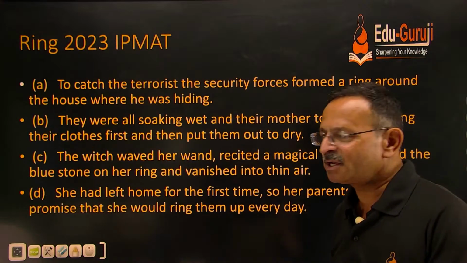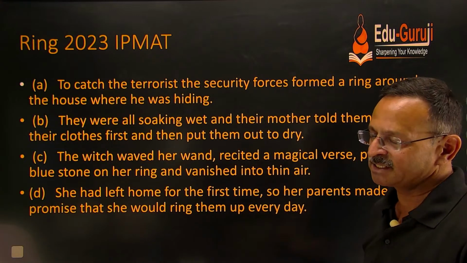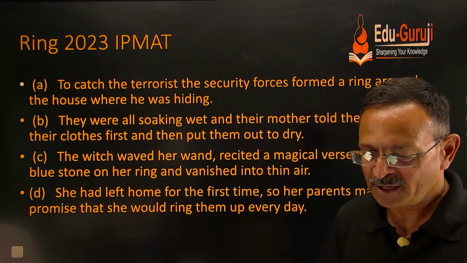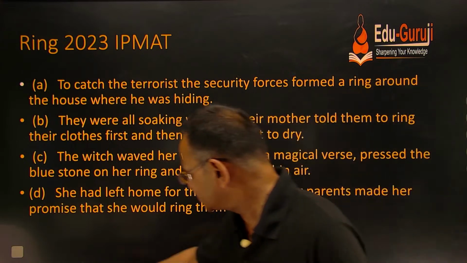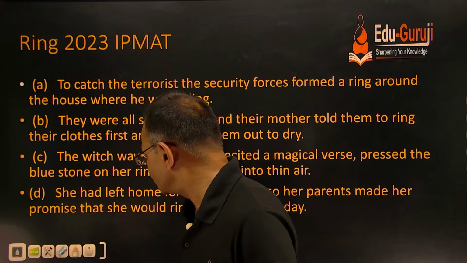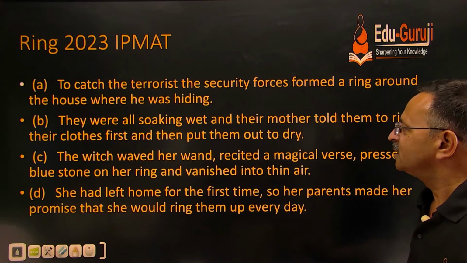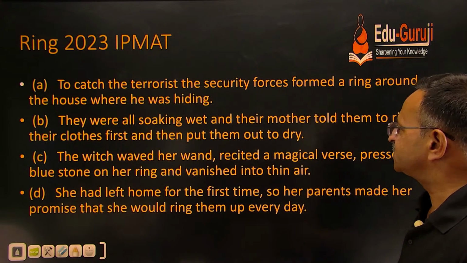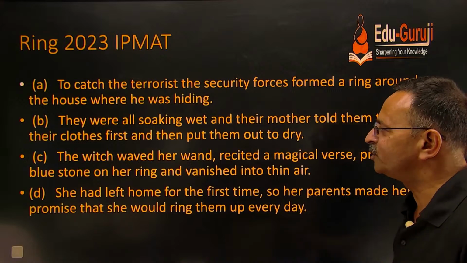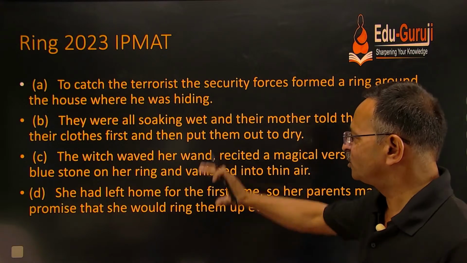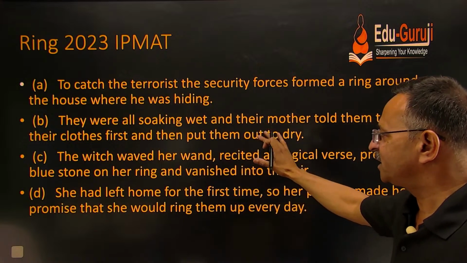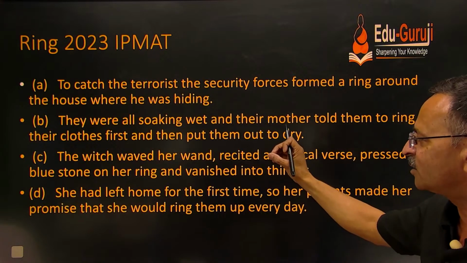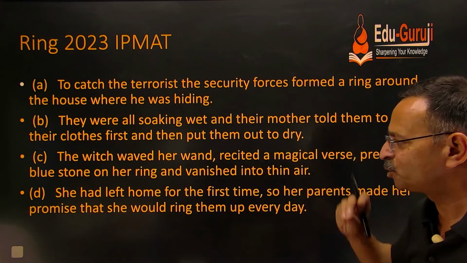Now this is a question which has come in IPMAT 23, which I've taken. Very interesting and very nice question. Let's see how we can solve it. The first option they have given is, to catch the terrorist, the security forces formed a ring around the house where he was hiding. The second option is, they were all soaking wet, and mother told them to wring the clothes first and then put them out to dry.